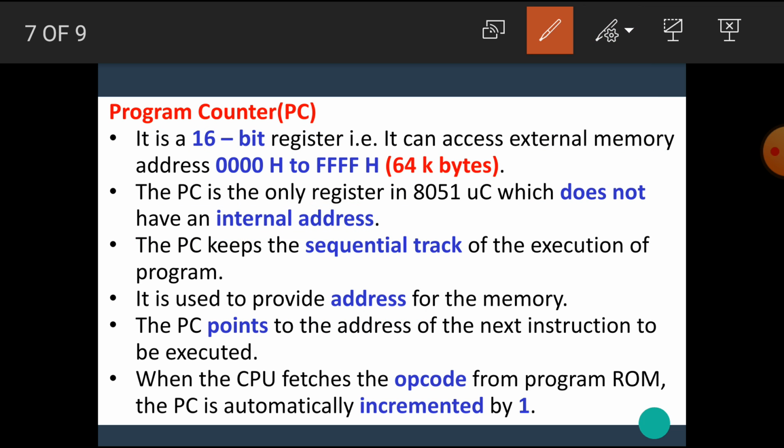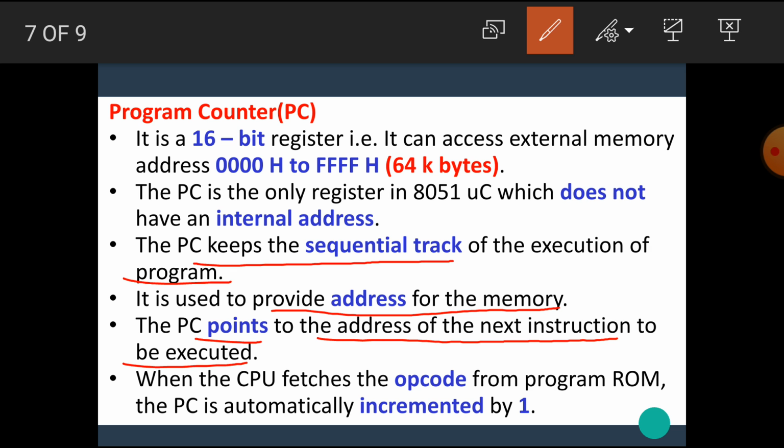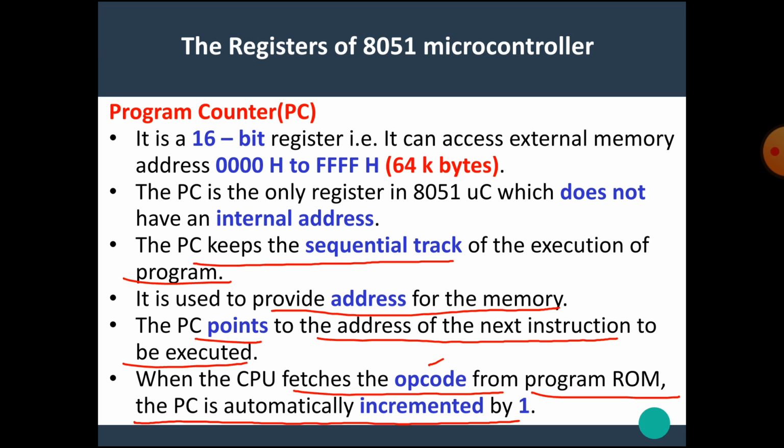Next, the PC keeps sequential track of the execution of the program. It is used to provide addresses for the memory. The PC points to the address of the next instruction to be executed. When the CPU fetches the opcode from the program ROM, the PC is automatically incremented by 1. Here, opcode stands for operation code.